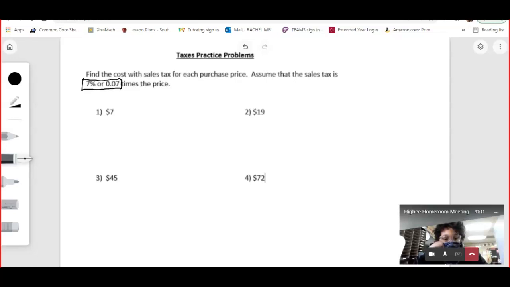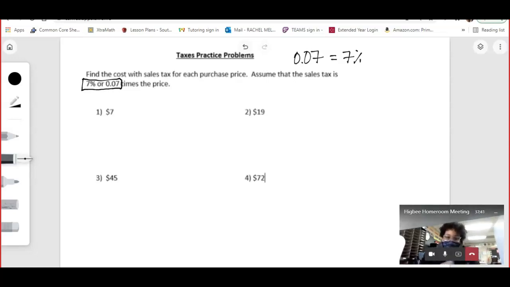The process is exactly the same as what we just did. The sales price is just different, okay? So when I look at $7, $7 is my final amount. What do I need to do first? Elijah, what do I do first?